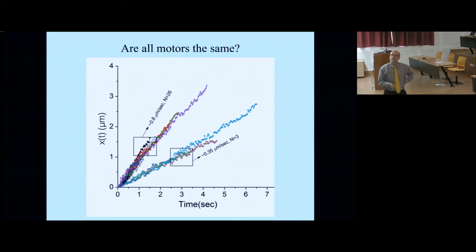So there's some clear heterogeneity here as far as the velocities. I would classify this as functional heterogeneity, but of course, the first question that you'll have to ask is, are these really identical? You can imagine all sorts of scenarios. So I'm going to walk you through a bunch of scenarios and eliminate them one by one.